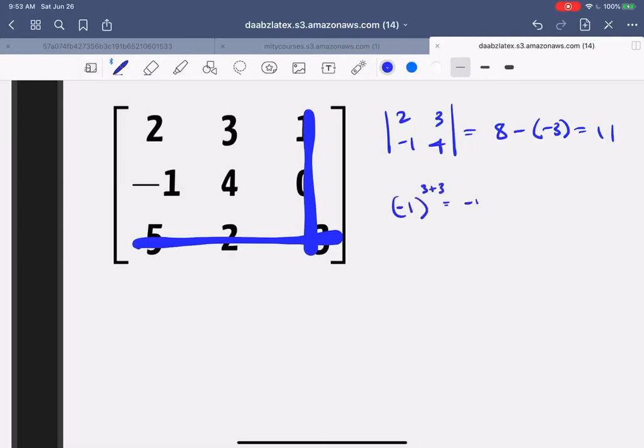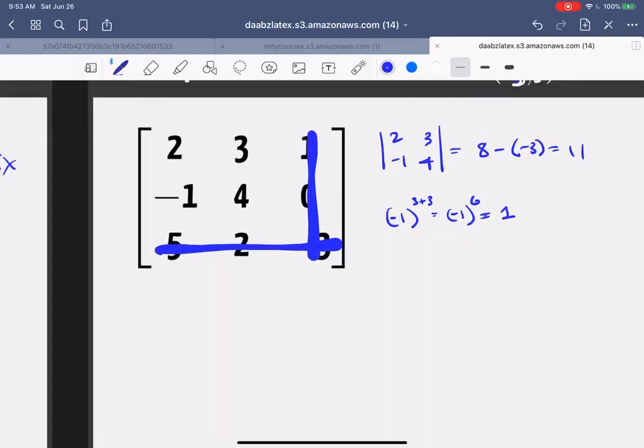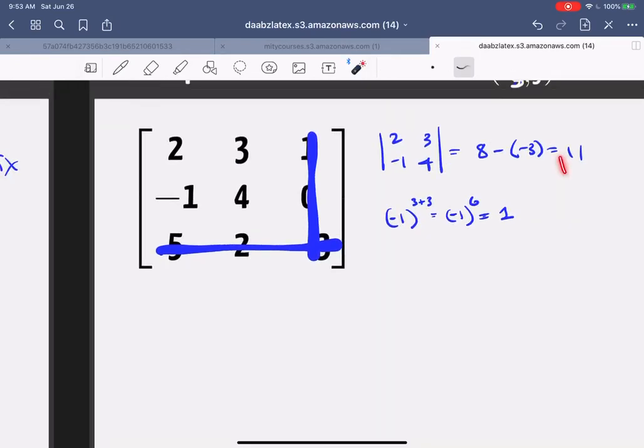That's an even number, so that's going to be a 1. That's an even position. So this last step is not going to change the 11 at all, because 11 times 1 is still 11. So that's going to leave us with the following statement. The cofactor for the position 3, 3 is equal to 1 times 11. Okay.